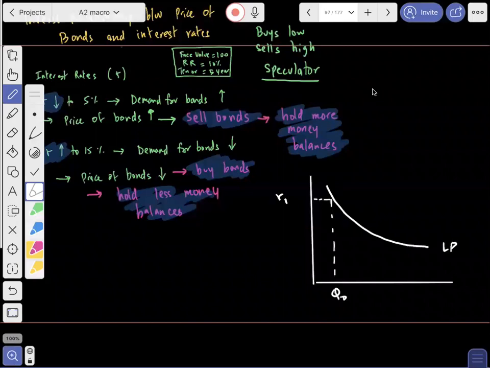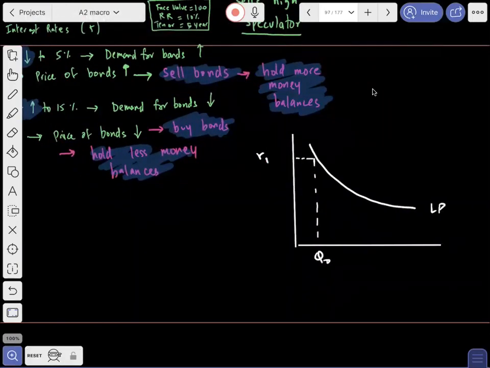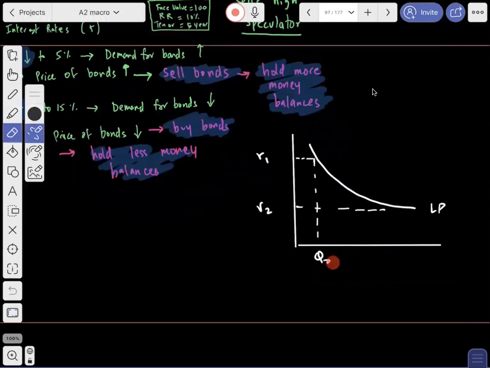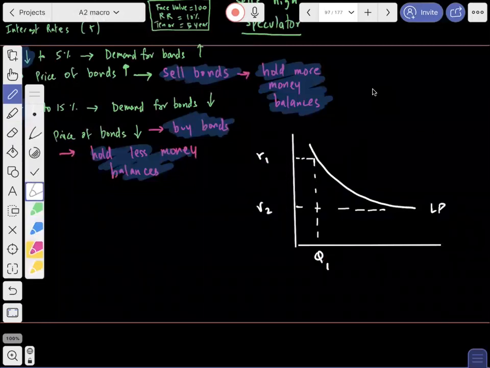Remember, speculative demand means you're a speculator. When the interest rates are high, you are holding less money balances. When the interest rates are low, let me call this Q1, you are holding more money balances.